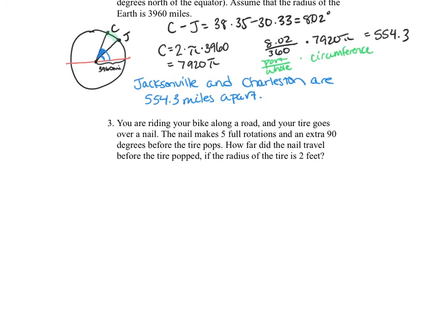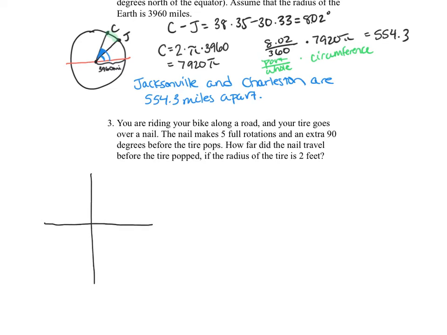Problem number 3 says you were riding your bike along a road and your tire goes over a nail. The nail makes 5 full rotations and an extra 90 degrees before the tire pops. Okay, so let's think about how we would draw this. I'm going to give myself an axis, off to the side.